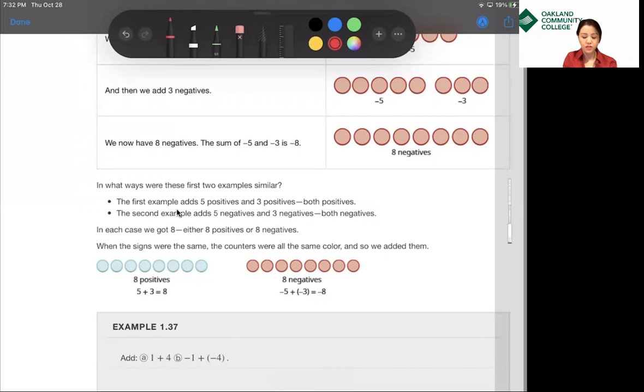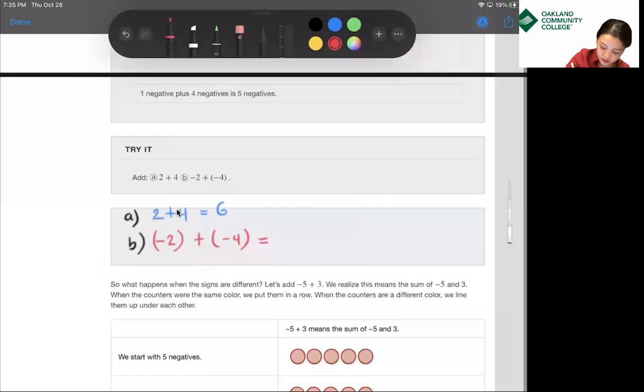That's okay. Just a habit. You don't have to. So I have 2 negative balls, add another 4 negative balls, which is a total of 6, right? So I have 6 red balls, which is -6. So that's how we add numbers with the same signs. Right? Positive plus positive is positive, but a negative number plus a negative number will be a negative sum.